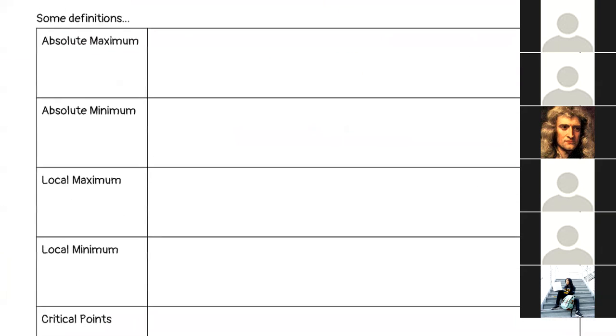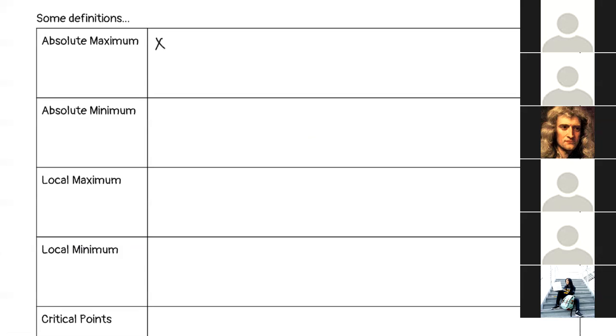All right. So let's get some definitions down. Okay. So if we think about the absolute maximum and the absolute minimum, which we talked about earlier, an absolute maximum we can describe as this, okay?